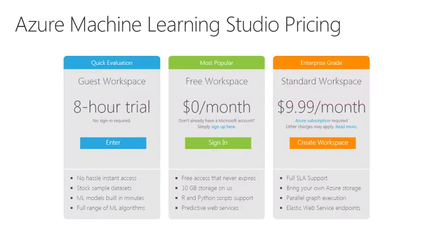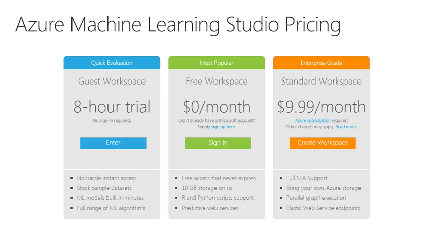Generally, to use Azure Machine Learning, you need one of those. You can enter and have an 8-hour trial without signing in, just for a quick evaluation. If you have a Microsoft account or an Office 365 account, you can log in and have a free workspace. This access will never expire.